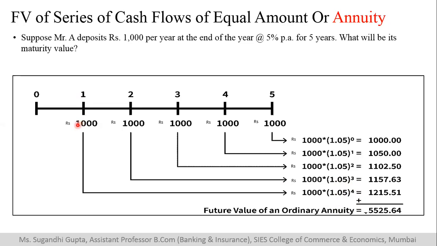Now, this is how the calculation is done if it is done manually one by one. But again, a small formula has been developed. Let us look at the formula.